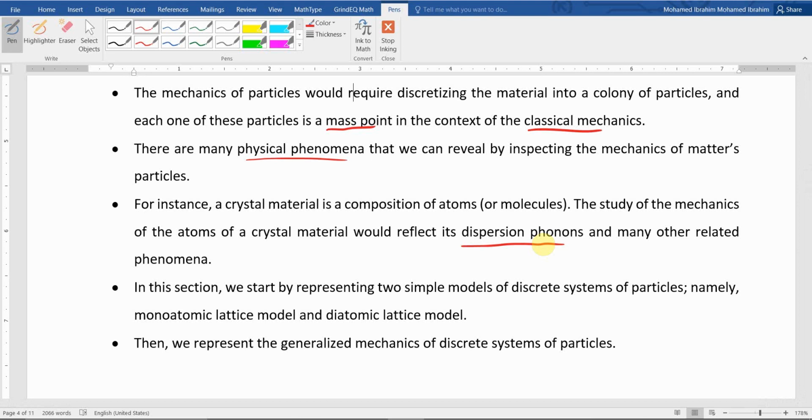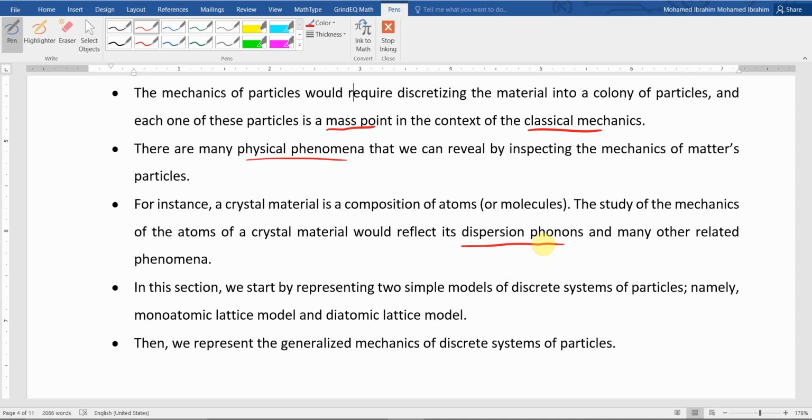If we're going to talk about a single crystal, the main building unit will be the particle, or the atom itself. So how these atoms are moving inside the material, to capture this dispersion phenomenon, we need to study the motion of the atoms inside the material in response to an incident wave, as I'm going to discuss right now.